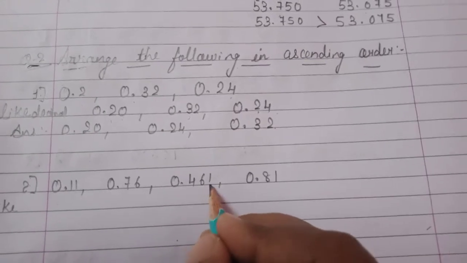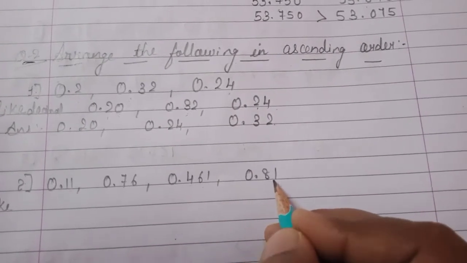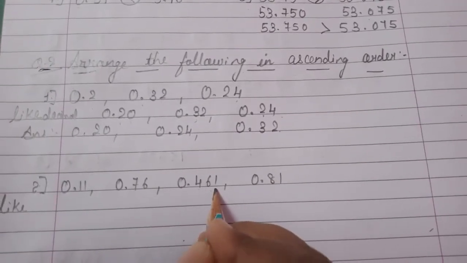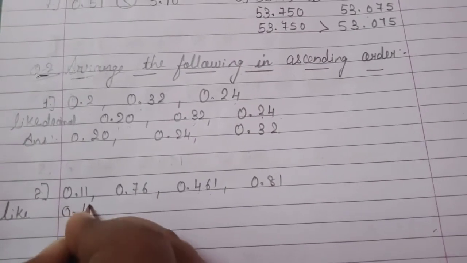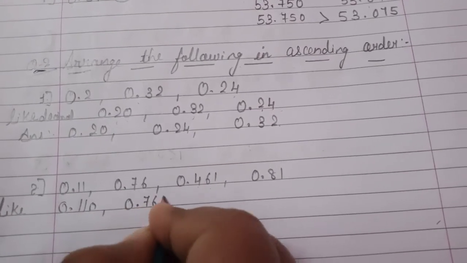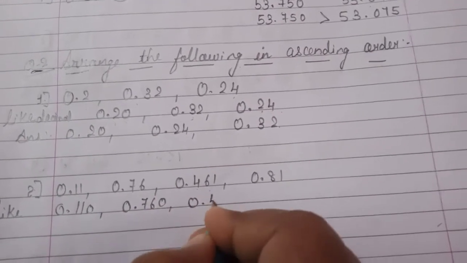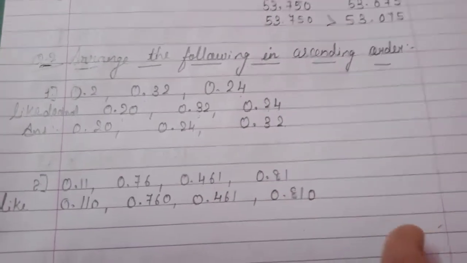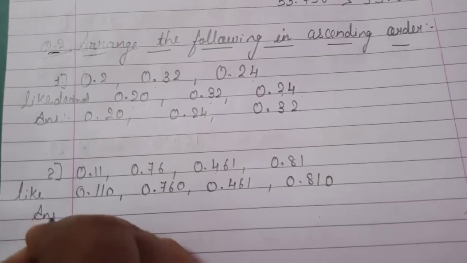In the third 3 digits, and in the fourth 2 digits. Okay. So we have to make all of them 3 digits. So 0.110, then 0.760, then 0.461, 0.810. Now we have to write in ascending order.